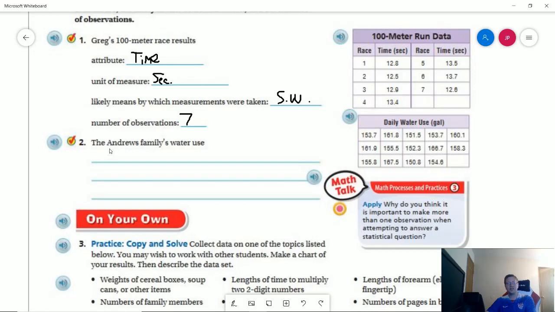So number 2, Andrew's family's water use. So we have, first of all, what attribute we are doing: volume. And we are measuring that in gallons.